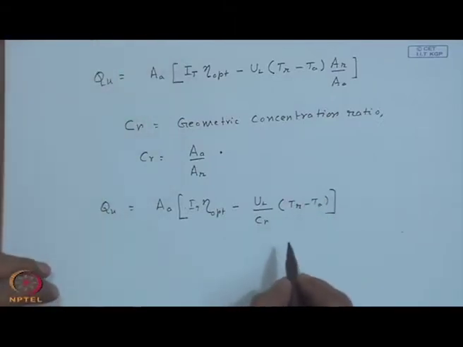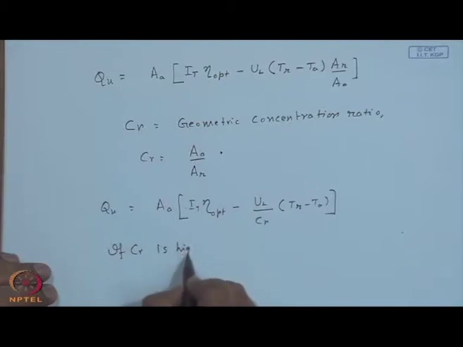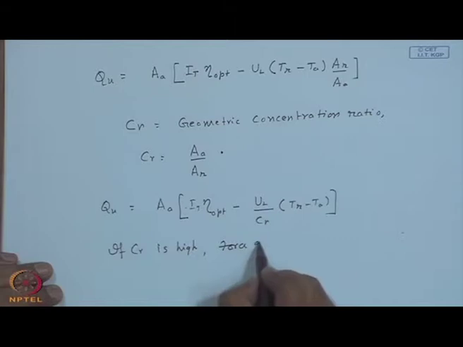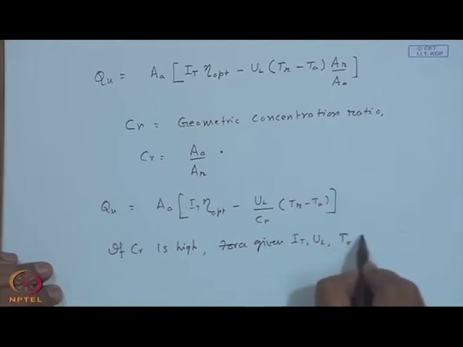Now, this clearly shows if CR is high, of course, it is greater than unity in order that there is concentration and not diffusion, then for a given loss, TR can be high.